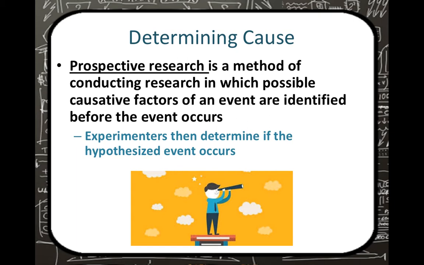So instead of finding somebody with that characteristic now and trying to have them remember the past with retrospective research, instead you measure those things in your group right now. How many drinks do you have a week? How many packs of cigarettes do you smoke a week? How stressful are you? All those things that you think may affect whether somebody develops cancer, you record them right now when you can be sure that you're recording accurately.